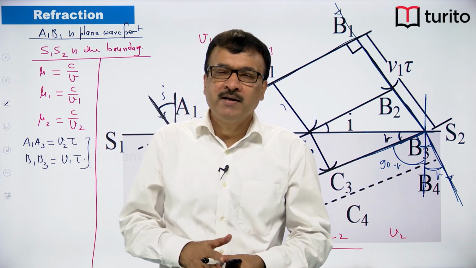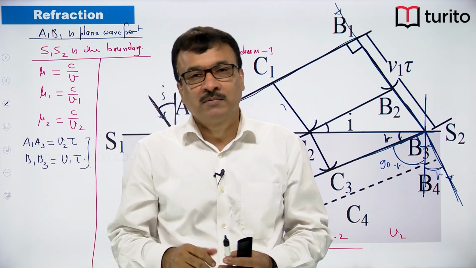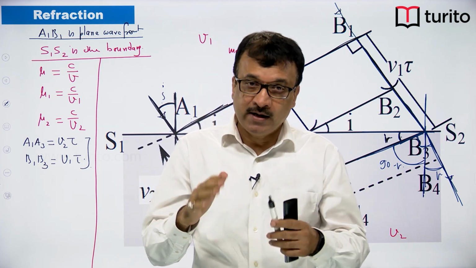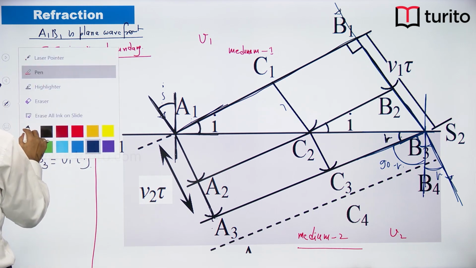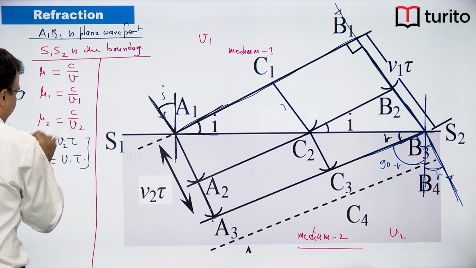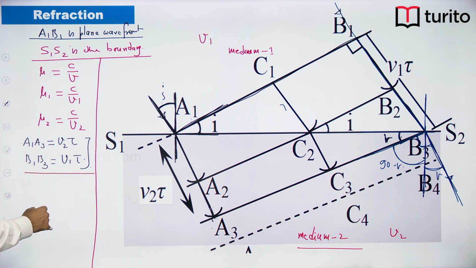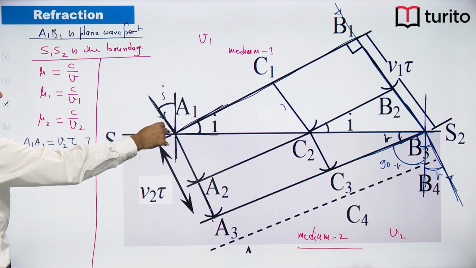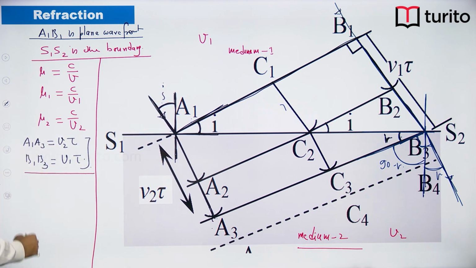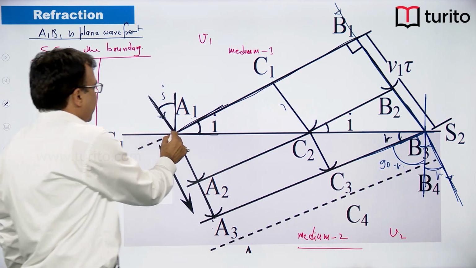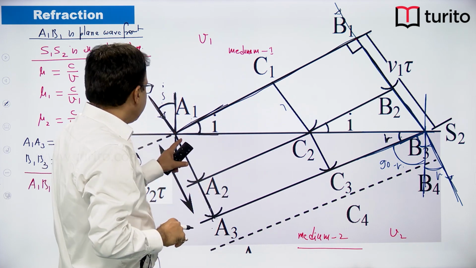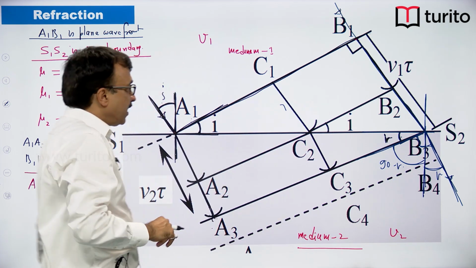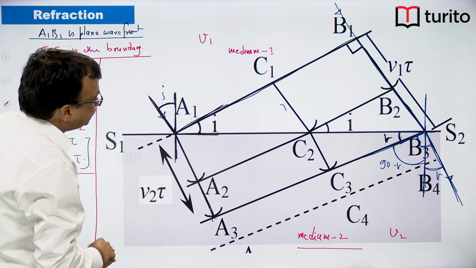So, now we have to relate the angle of incidence and the angle of refraction. I and R I have to relate to prove Snell's law. To relate these two, I consider two right angle triangles. One of the triangles is A1 B1 B3. Hypotenuse is A1 B3 and perpendicular is B1 B3.